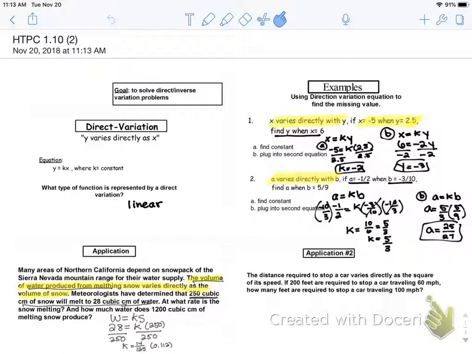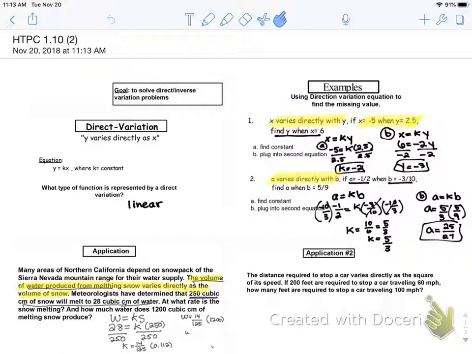So if I look at how much, let's see what it says. How much water does 1,200 cubic centimeters of melting snow produce? So the unknown is the water. My constant was 14/125ths, and then times 1,200.